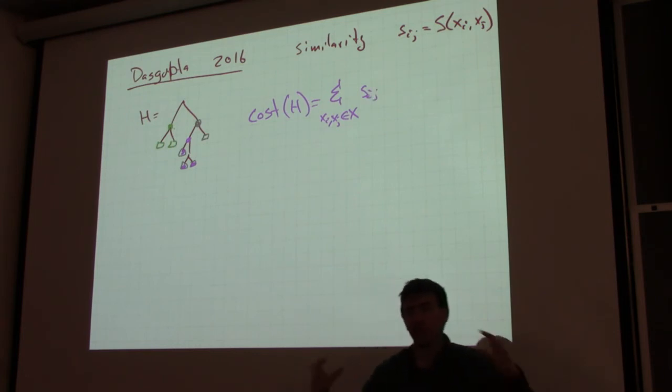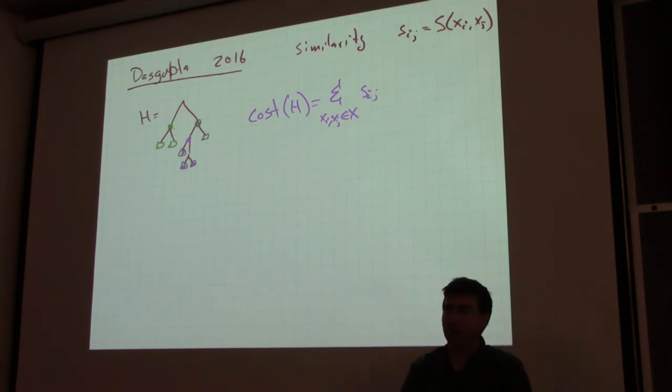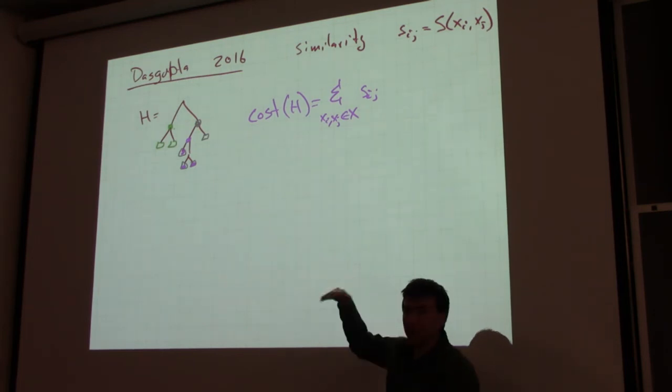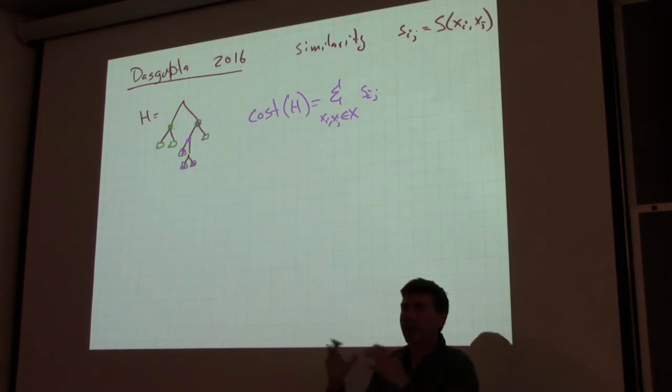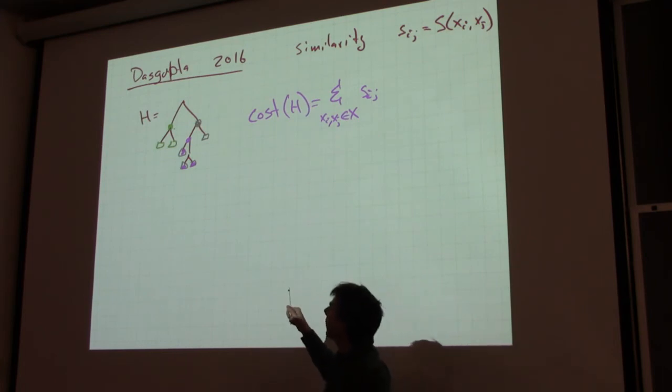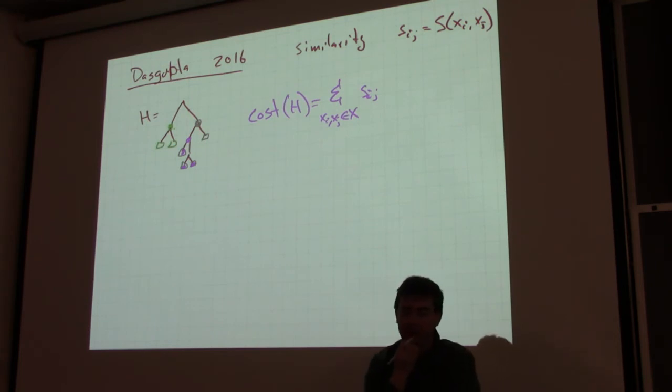If they're more similar, this is a higher value, and I want them closer to the leaf nodes. I want them to be paired up pretty quickly if the similarity score is high.